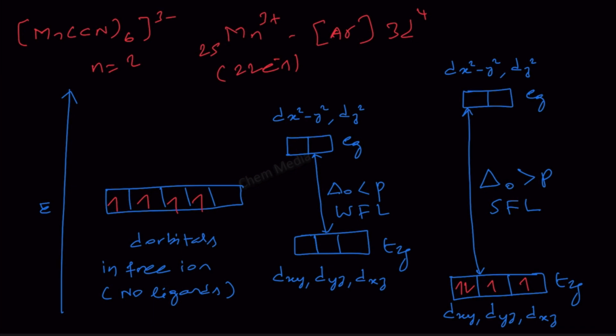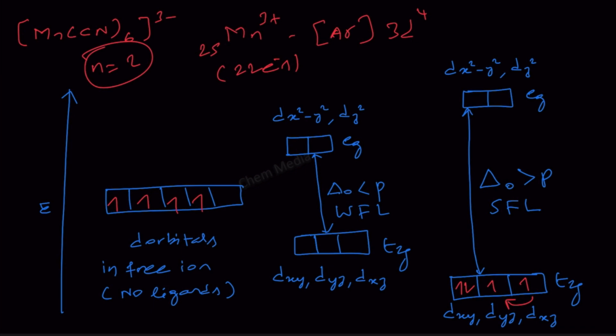N value is equal to 2 here. We cannot pair up this one also. If we do that, then we are violating Hund's rule, isn't it? So we cannot do the pairing that way. Therefore, we need to have 2 unpaired electrons in this case.